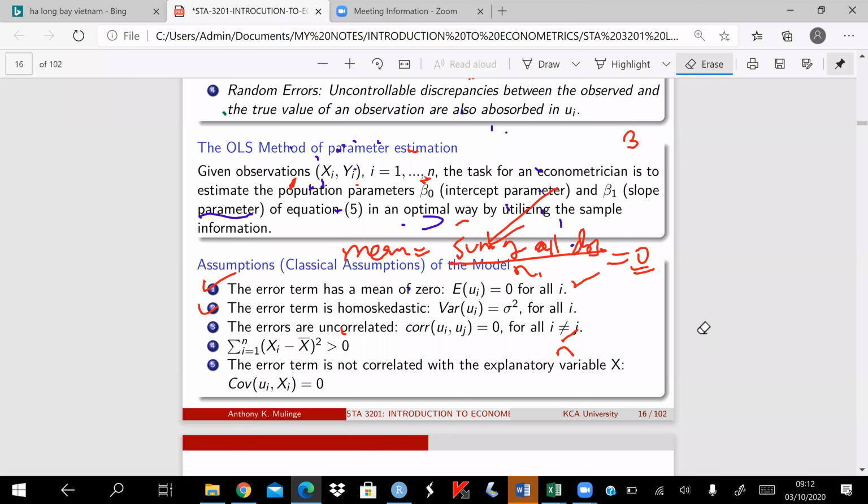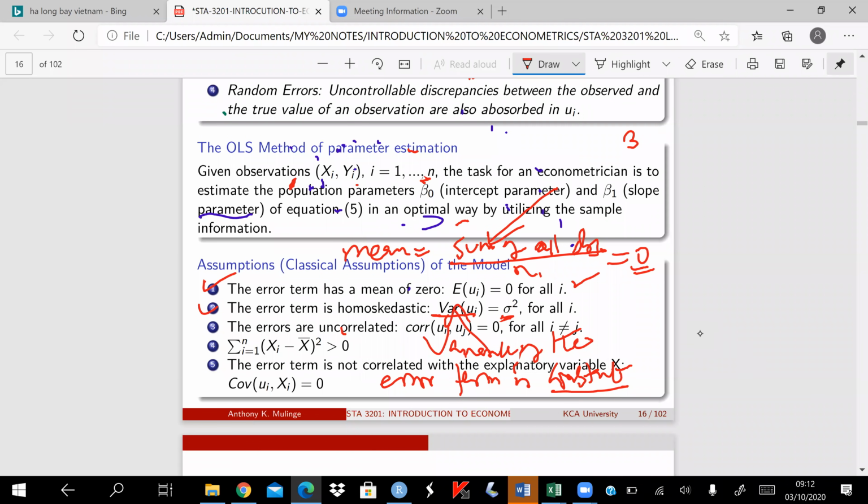We're saying that the variance of u_i, the variance of the error term, is equal to sigma squared. A better way of saying that is that the variance of the error term is constant.